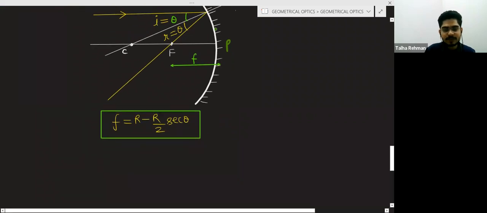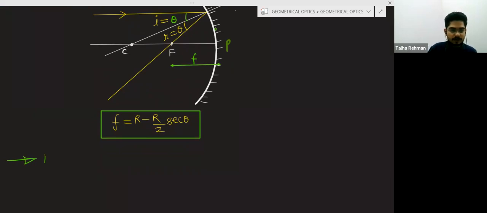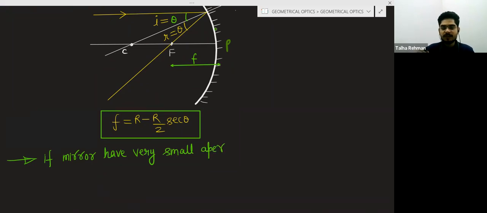But what happens if the mirror has a very small aperture? Basically, in our syllabus, we will study small aperture mirrors, about 90% of the time.